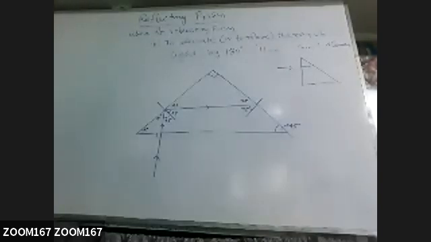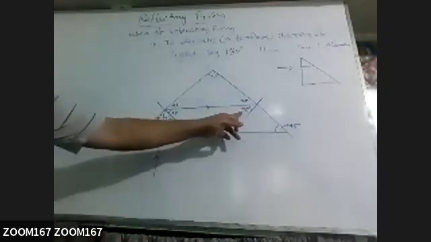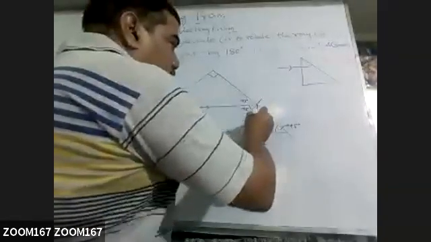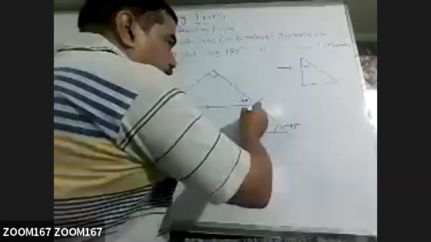No, it will not emerge out, because here again the angle of incidence is more than the critical angle. So one internal reflection here, second time internal reflection will take place here. Now this way it will reflect.